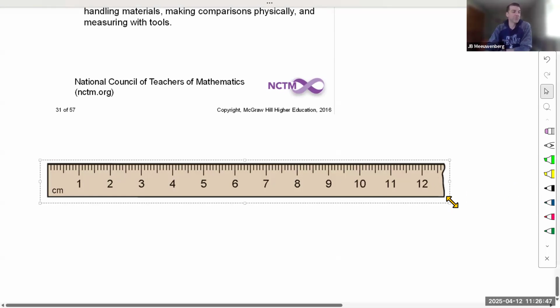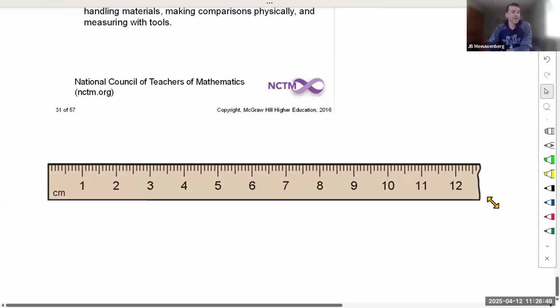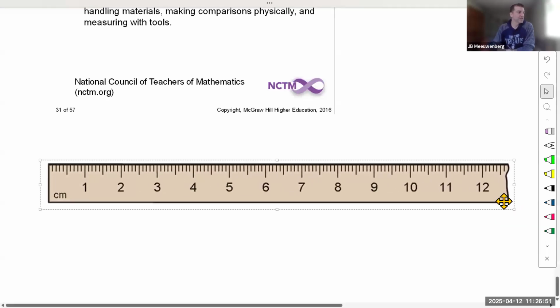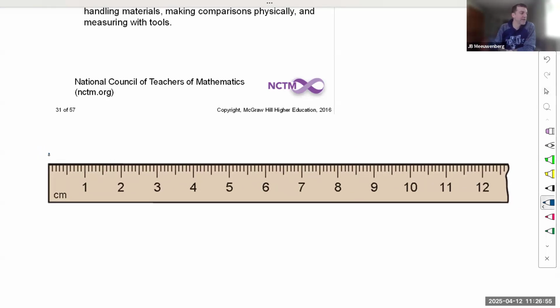This is what a ruler might look like in centimeters. And what you'll notice here is if you investigate from here to here, this is 1 centimeter. But count how many sections this is divided up into. 1, 2, 3, 4, 5, 6, 7, 8, 9, 10.